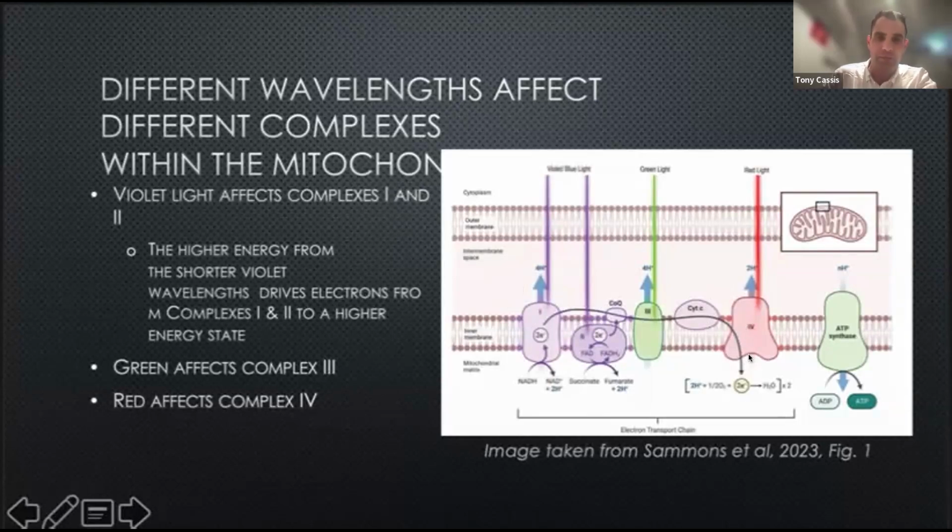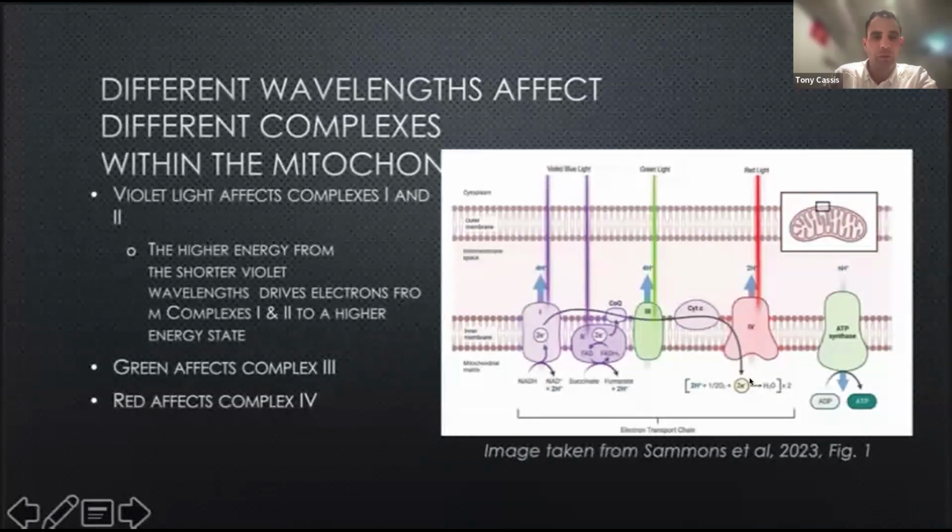That's why I said that of all the complexes within the mitochondria, complex 4 is perhaps the most important, which is why a lot of research is done on the red, because that seems to be that final common pathway of ATP synthesis. So again, just important to know what different wavelengths affect which parts of the mitochondria.